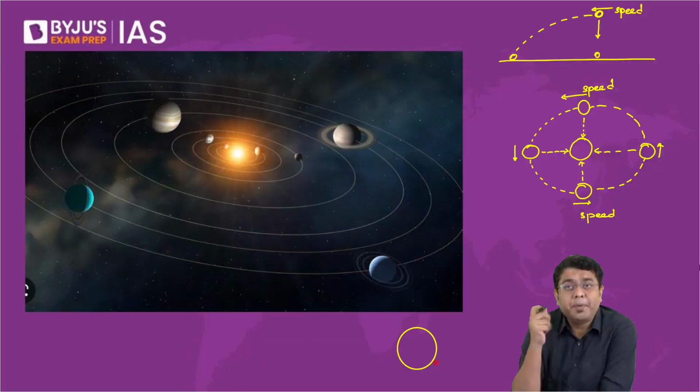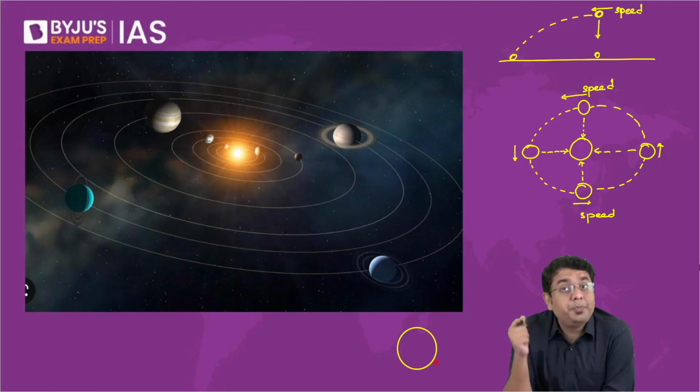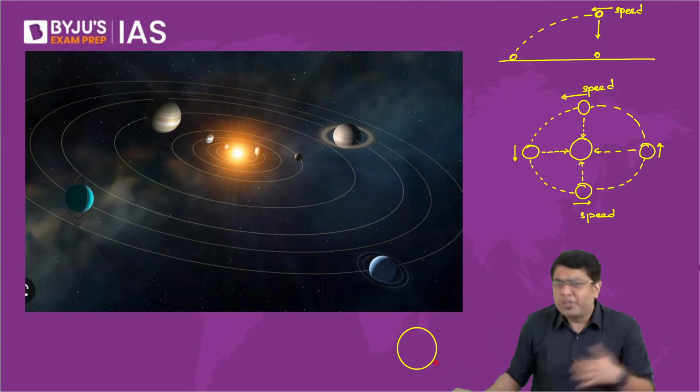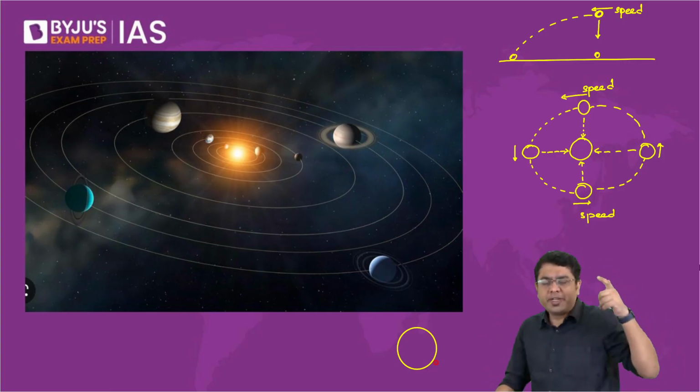What is the purpose of having that rocket, that large fuel? It is in order to provide it speed. A speed close to around 11.2 kilometer per second, 11.2 to 11.5 kilometer per second, which is also referred to as escape velocity in physics.